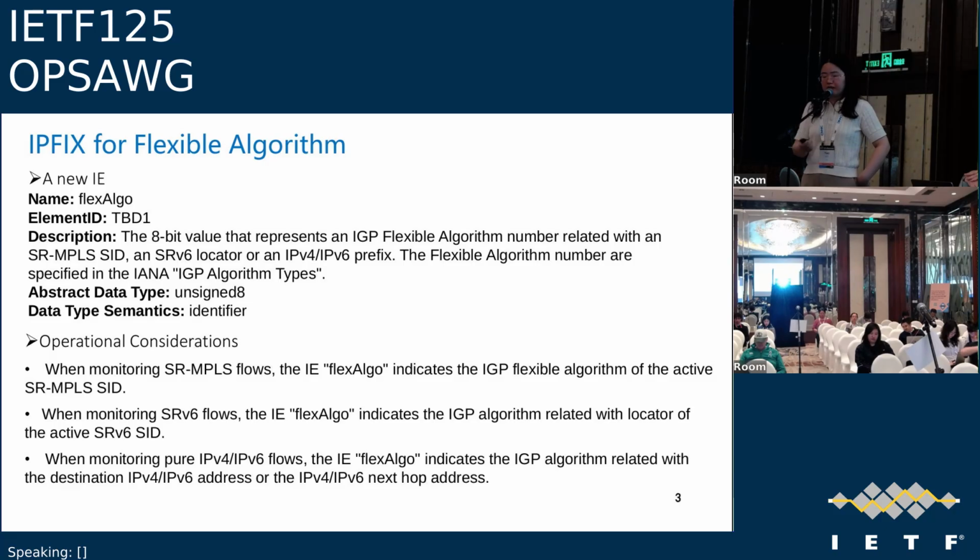Of course, you can also use it in pure IP flows, where it indicates the IGP FA related with the destination IP address or IP next hop address. The three use cases won't exist at the same time. That's all.